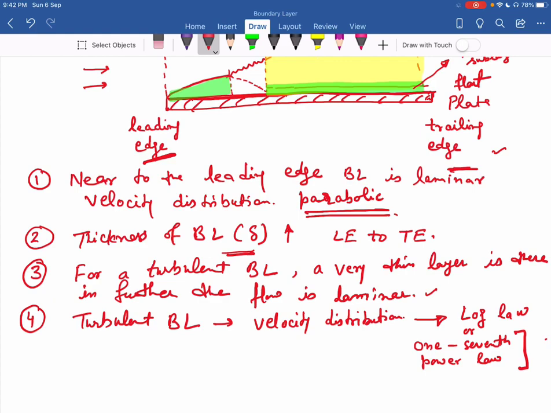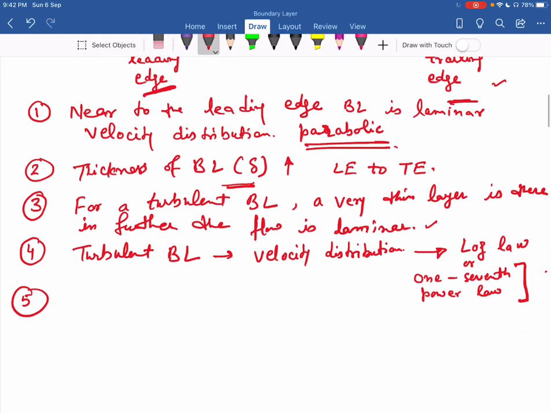Okay, another point you can note here: delta increases as we move from the leading edge to the trailing edge. However, this delta decreases when we increase the value of u.